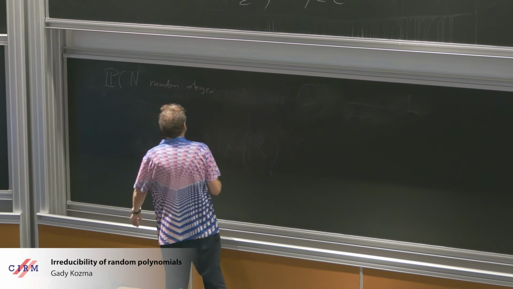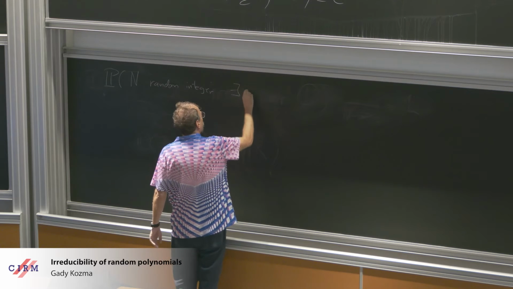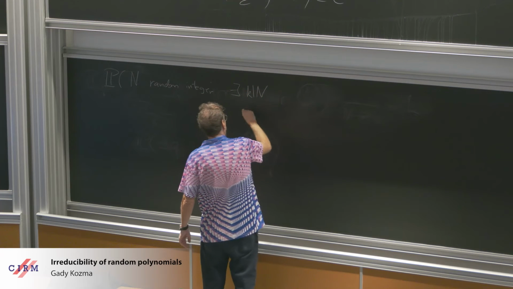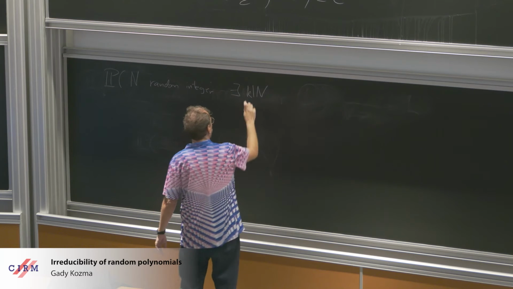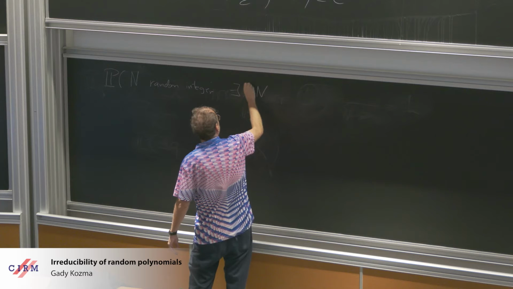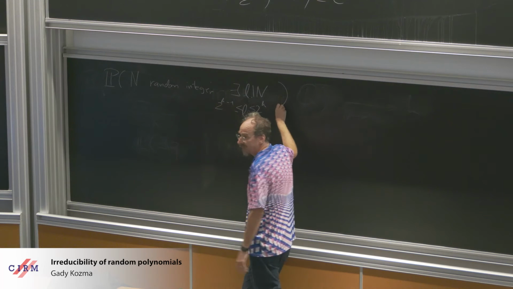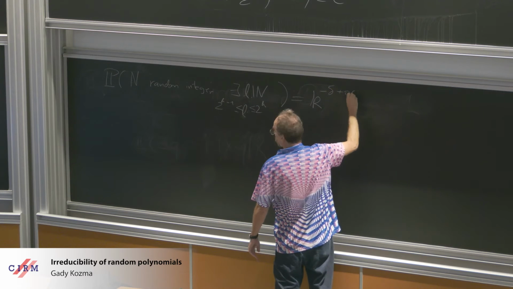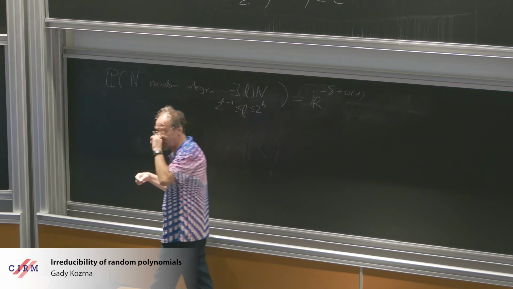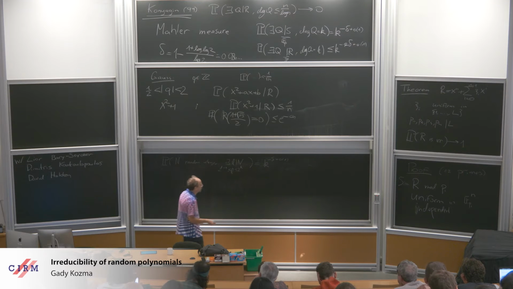The probability that there exists an L between 2 to the k and 2 to the k minus 1 that divides n is equal to k to the minus delta plus o(1) with the same delta. This is the first result of this sort that was proved, if I remember correctly, Erdős 1960.